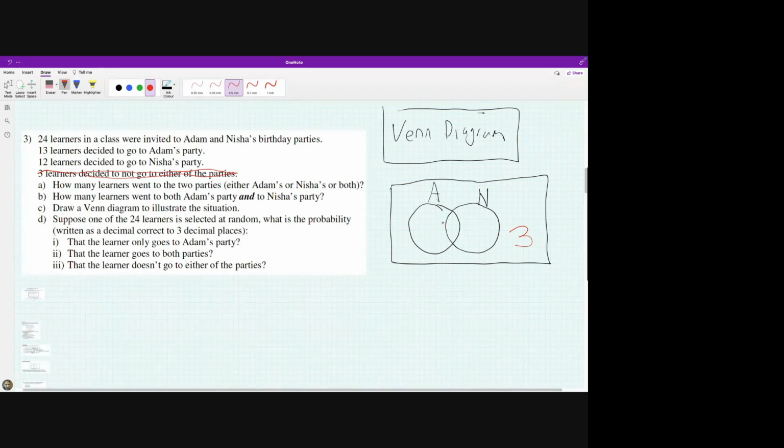Naledi's giving some good advice. Naledi is suggesting that I could put an X here, and then this over here must be 13 minus X. And then this over here must be what? What does this part over here have to be?